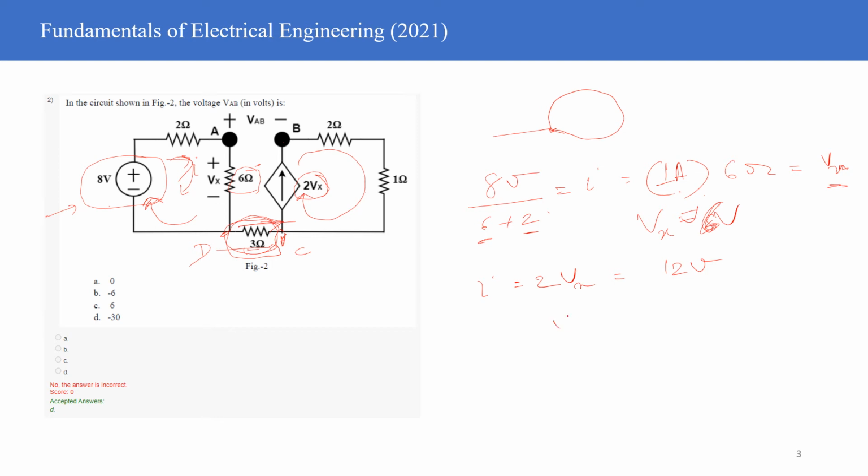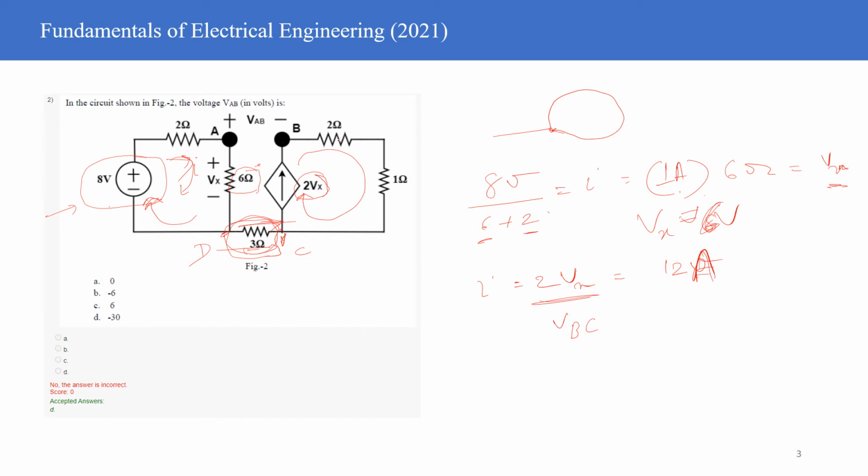Tell me, Hassan, what is VBC? Sir, C is 0. C is not 0, C is floating, right? C is floating here, Hassan. So what is the potential of B with respect to C? What's the current flowing over here? You just mentioned the current is 2 times Vx, that is 12 ampere, right?